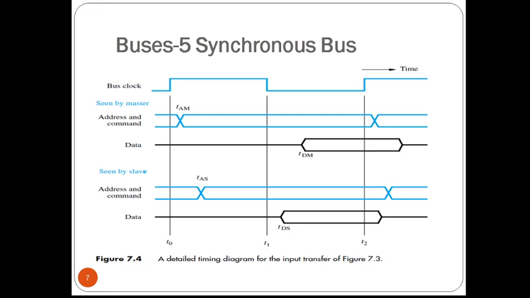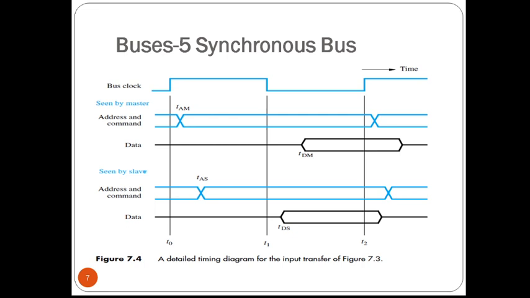The master sends the address and command signals on the rising edge at the beginning of clock period 1, that is T0. However, these signals do not actually appear on the bus until TAM. You can see TAM, where M indicates master, and TAS, where S indicates slave.